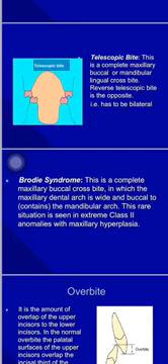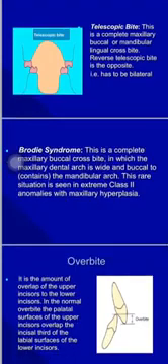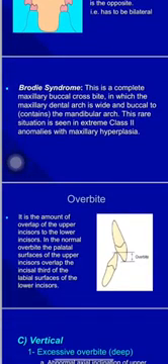برودي syndrome، لما نتطرق إلى syndrome اللي هو برودي syndrome, this is a complete maxillary buccal crossbite in which the maxillary dental arch is wide and buccal to the mandibular arch.